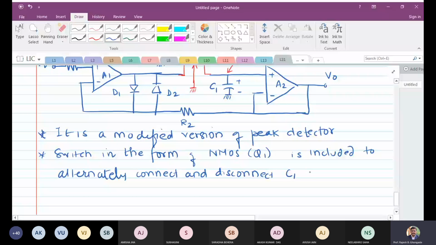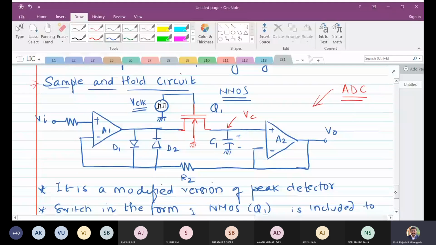Transistor, you can use a junction field effect transistor, but a popular usage is the NMOS device.